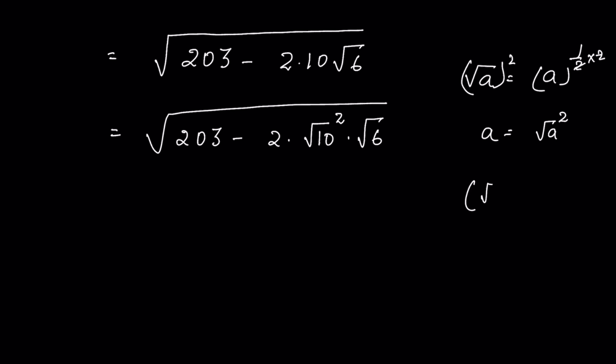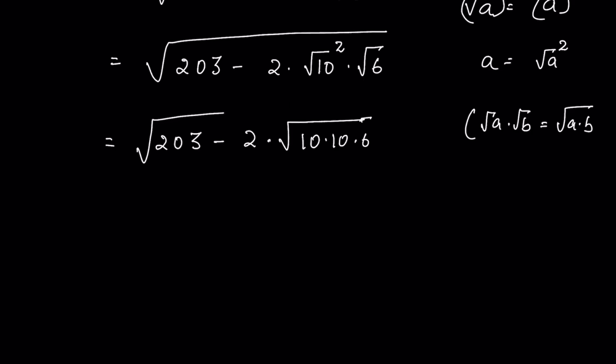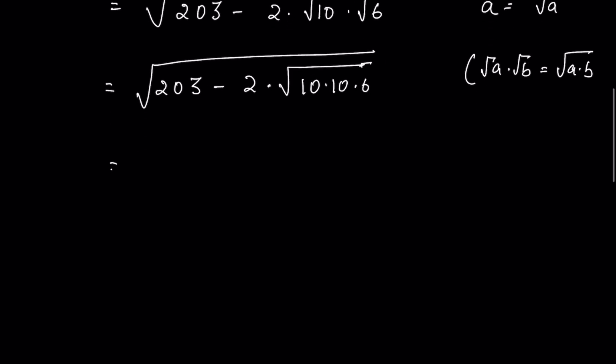Again, square root of a times square root of b, we can write as square root of a times b. So we can write 203 minus 2 times square root of 10 times 10 times 6, all under square root, or 203 minus 2 times square root of 10 times 10 is 100 times 6 is 600, all under square root.